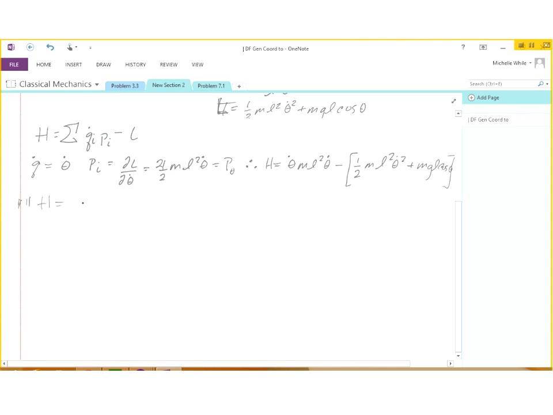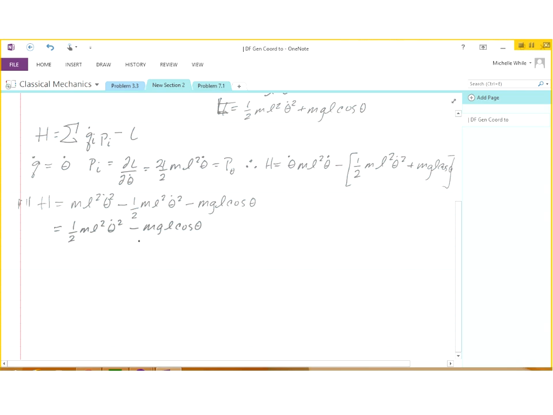So the Hamiltonian is equal to mL squared theta dot squared minus 1/2 mL squared theta dot squared minus mgL cos theta. We have to carry the negative sign through. So it's fairly obvious that we've got a positive 1/2 mL squared theta dot squared minus mgL cosine theta.